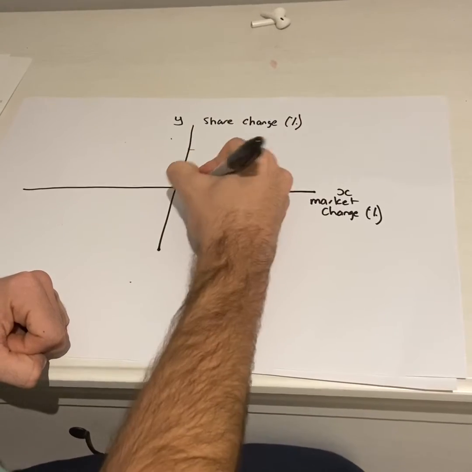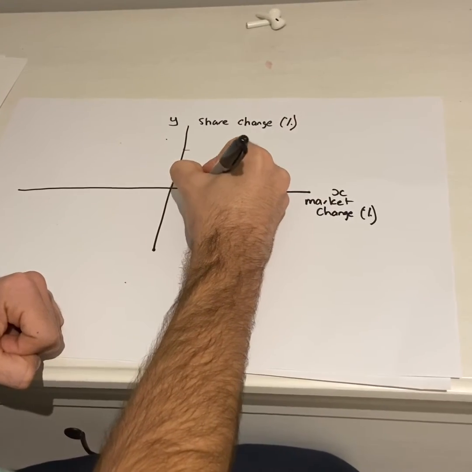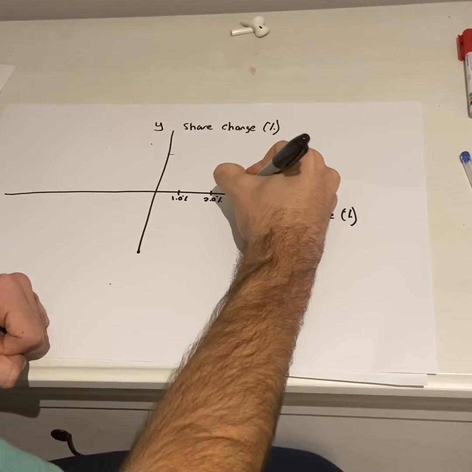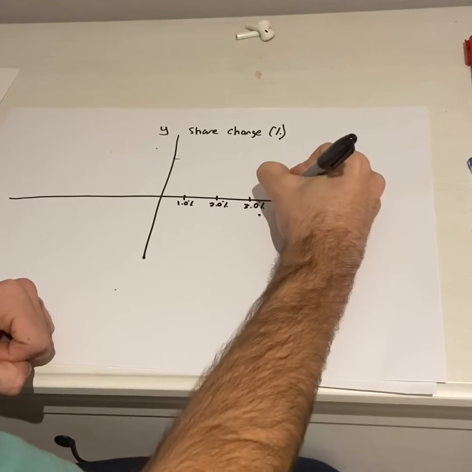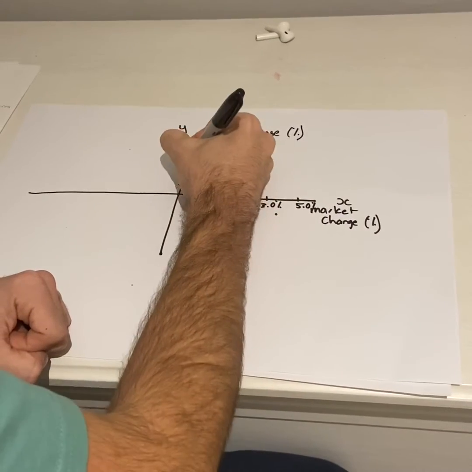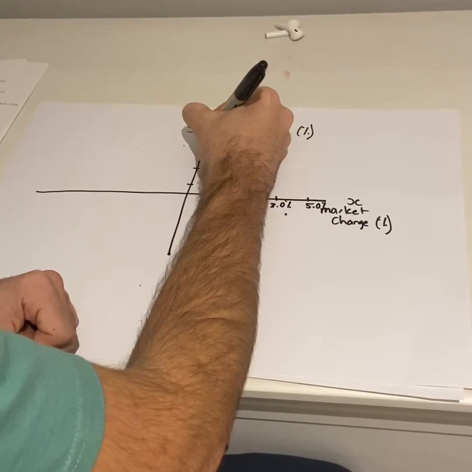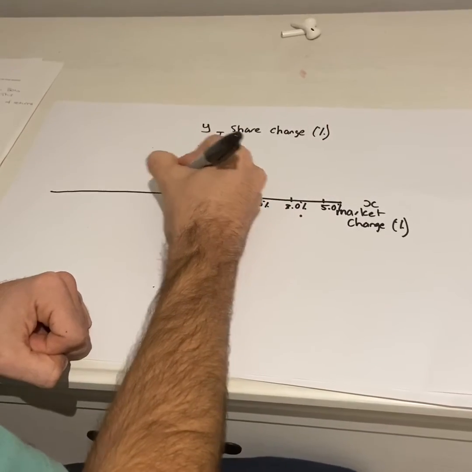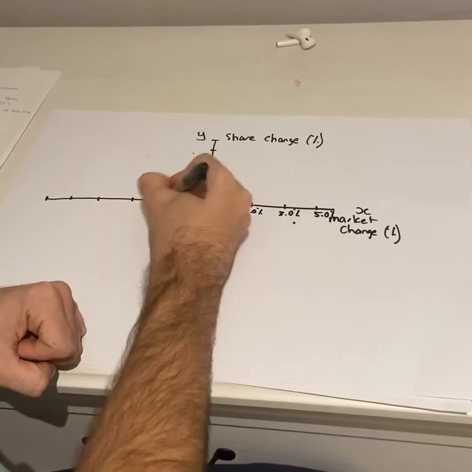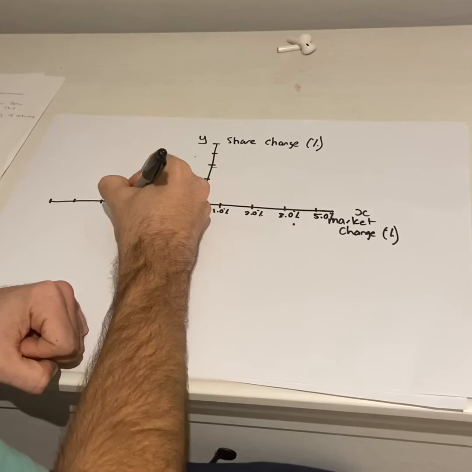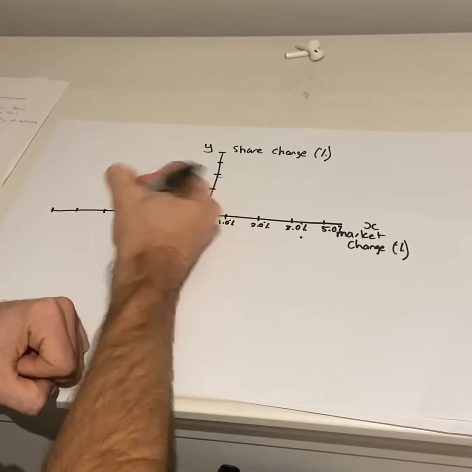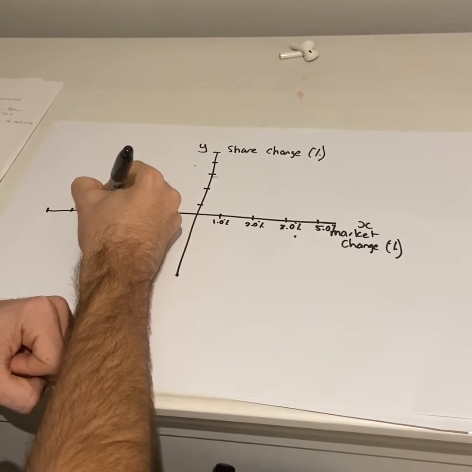We then put down our values. These are the negative values.